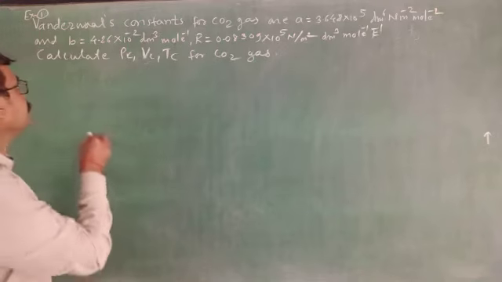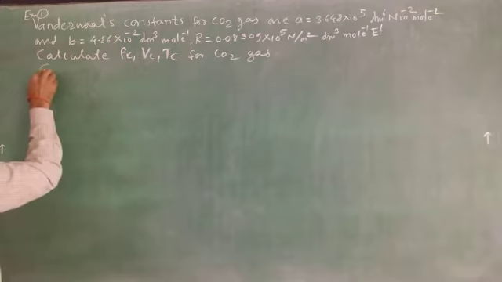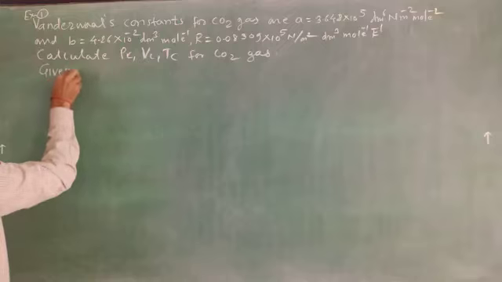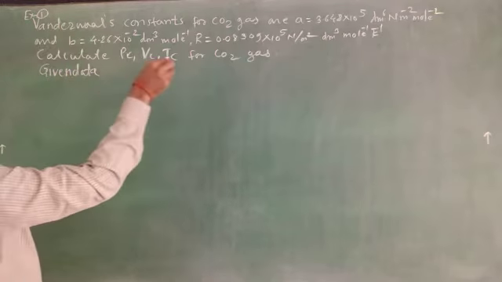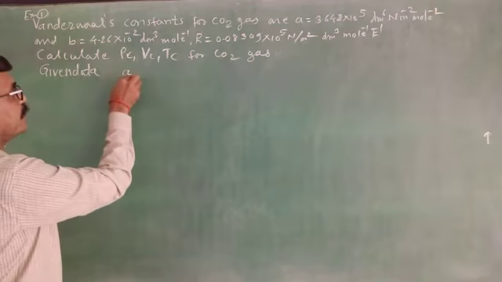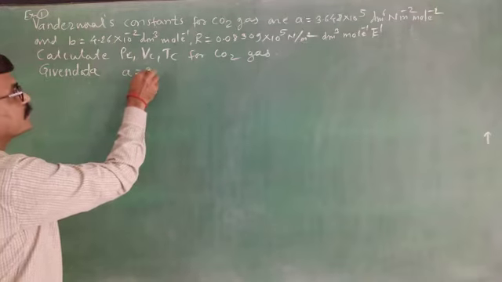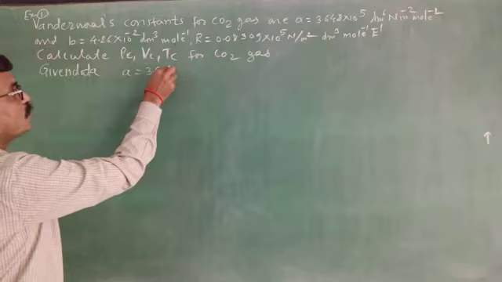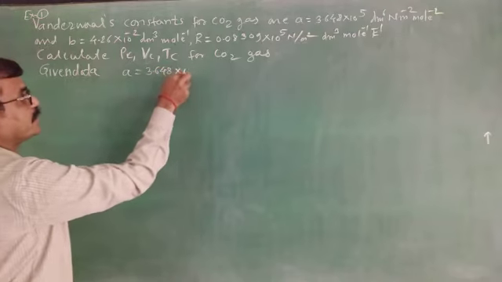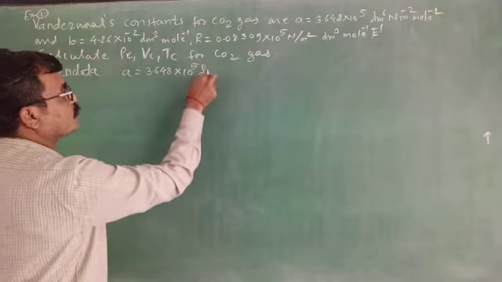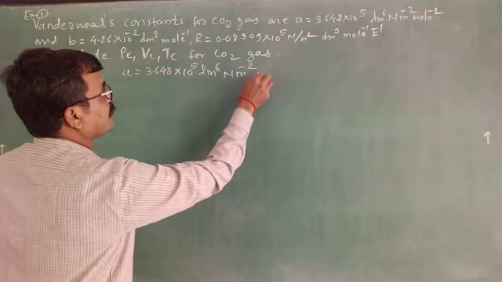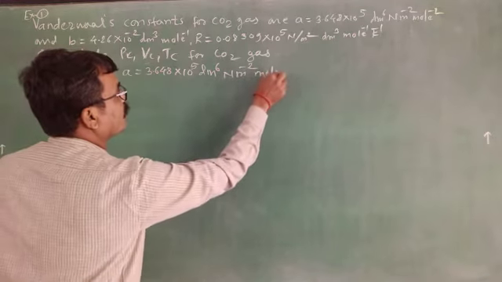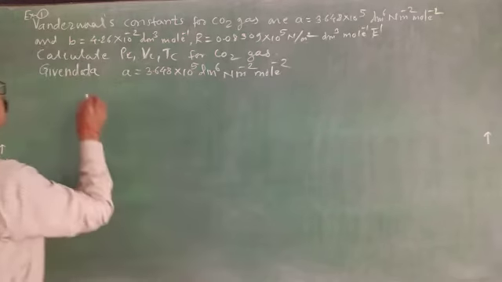First of all, given data. Van der Waals constant a is equal to 3.64 into 10 raised to power 5 dm^6 Newton per meter square mole raised to minus 2.